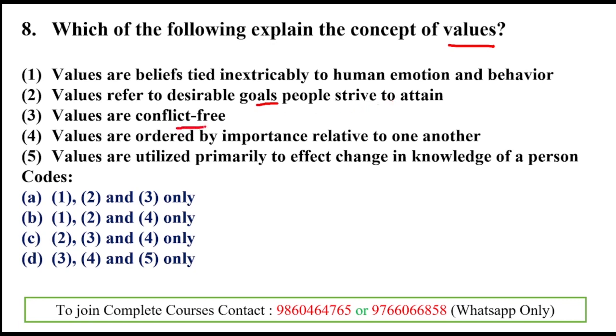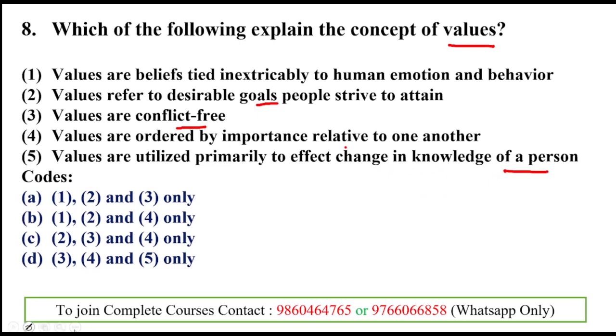Then, values are conflict free. Definitely that's not right, because for every value there is a conflict. It is the person who regards the values as right or wrong. And the fourth one, values are ordered by importance related to one another. So for one person the value is right, and relative to that value the importance will change. Then, values are utilized primarily to affect change in the knowledge of a person.